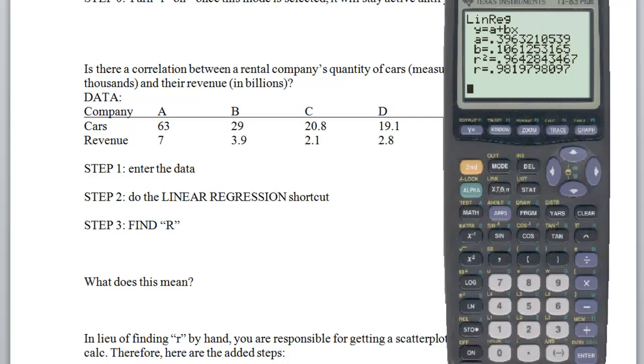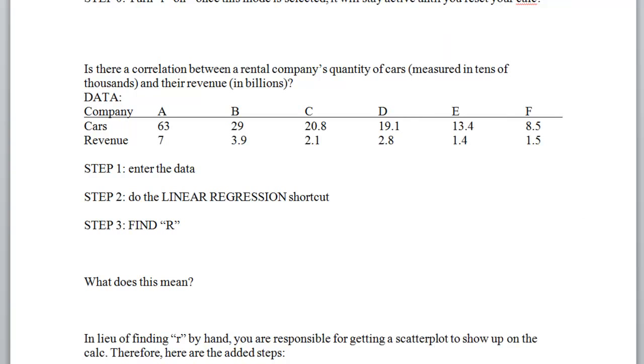All right, so let's put the calculator away and let's write down some of this stuff here, so we have it in our notes. To turn on the diagnostics, it's going to be hitting the second key.